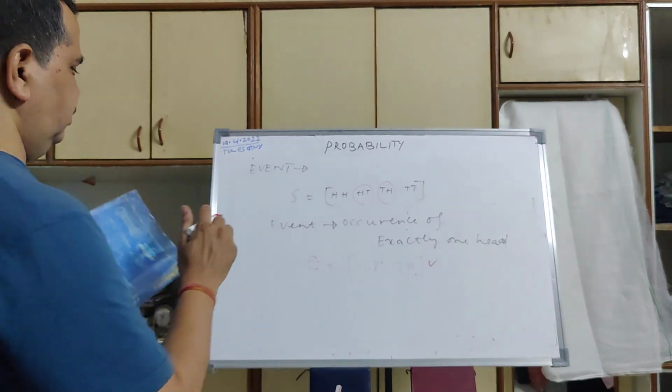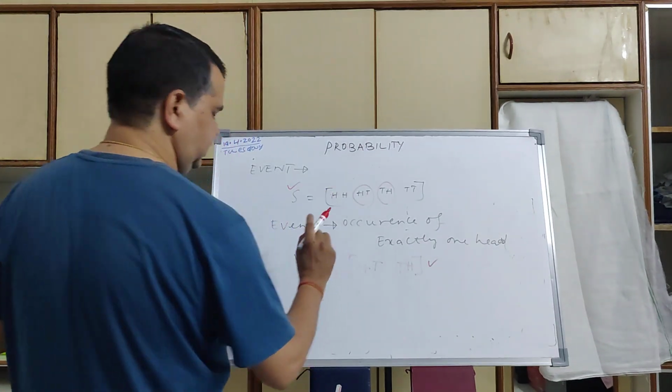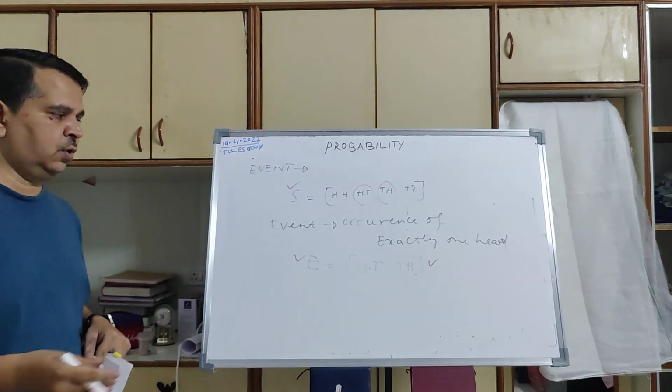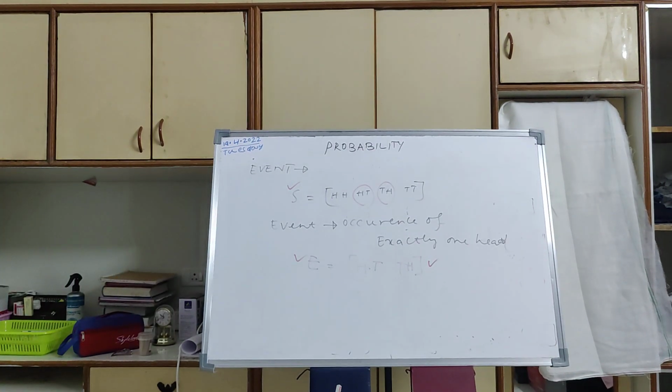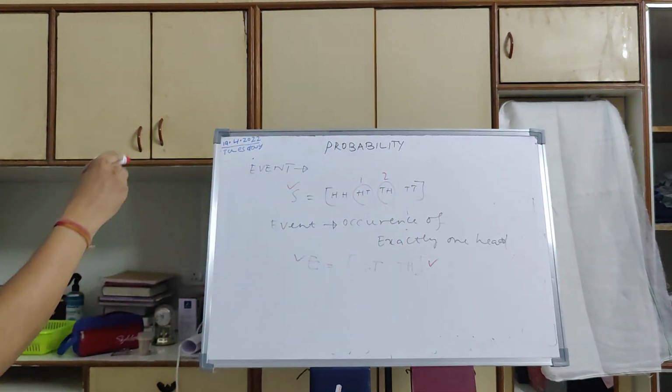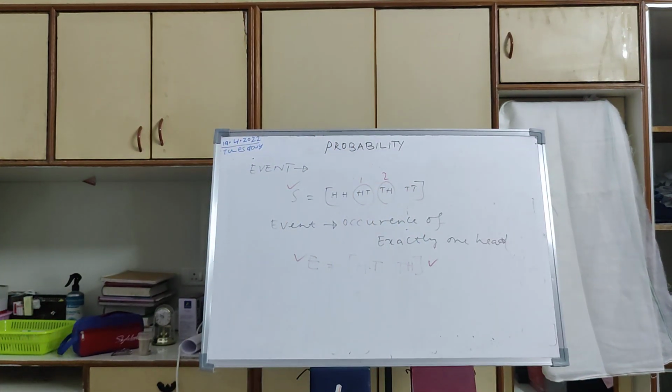So you now know what S and E are: one is the sample space, another is the event. You have an event which has occurrence of exactly one head. So these two, 1 and 2, are the two outcomes of the event, and there are 4 outcomes in the sample space. You can call them sample points, and you can call them events also.